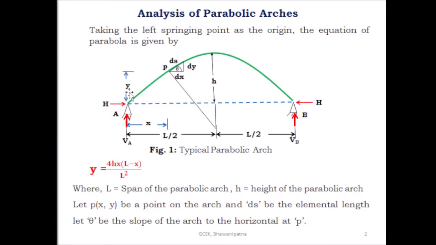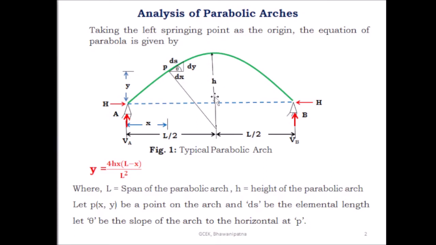Let us take the origin at A. This is the equation of the parabola: y is equal to 4hx(L minus x) by L square, where L is the span of the two-hinged parabolic arch and h is the height of the parabolic arch.